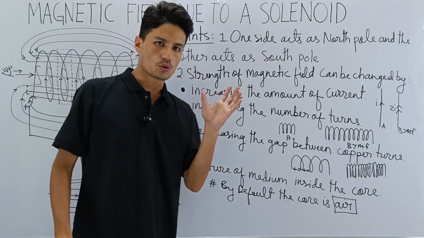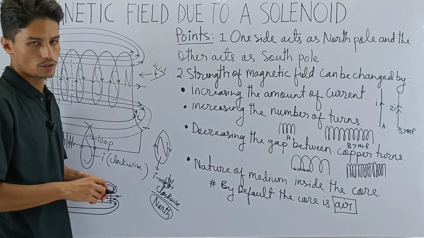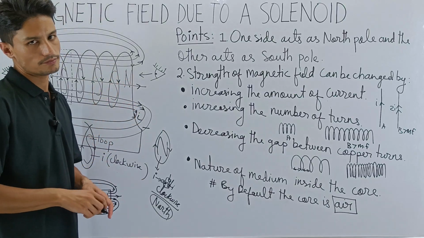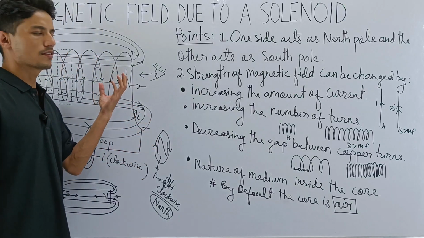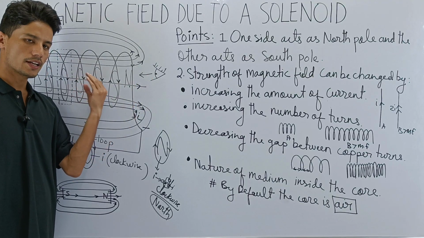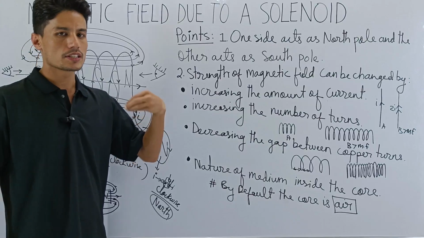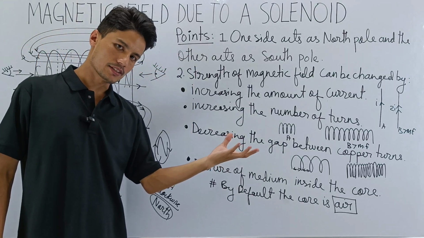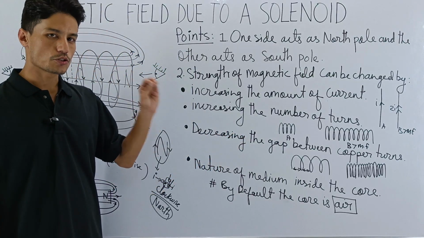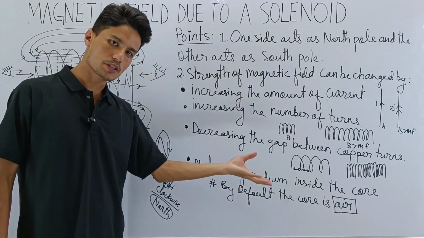We can fill the core of the solenoid with hard iron or soft iron, and this will give us an electromagnet. An electromagnet is a different topic, and we will discuss it in the next video.